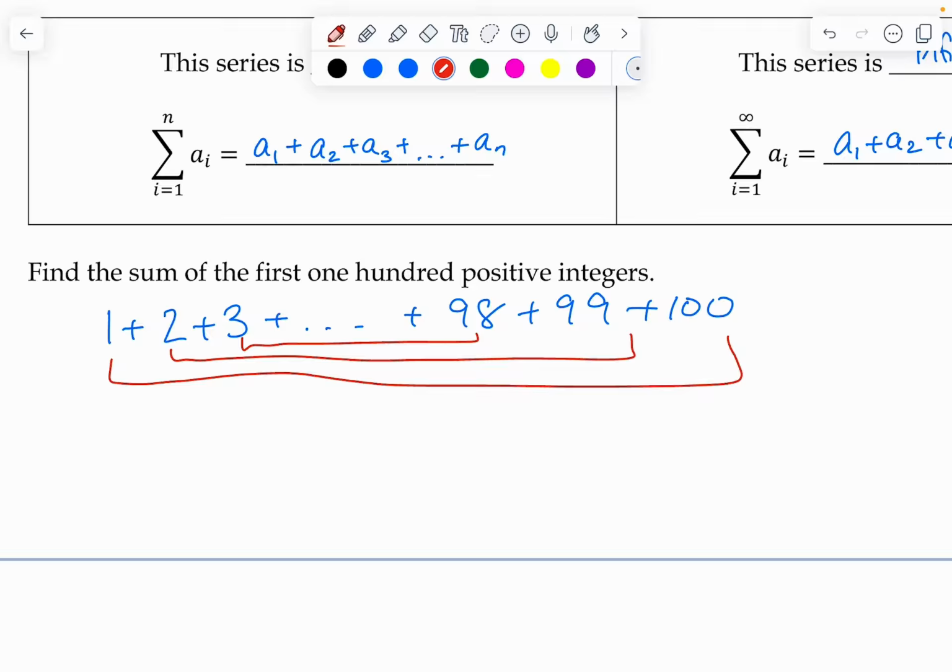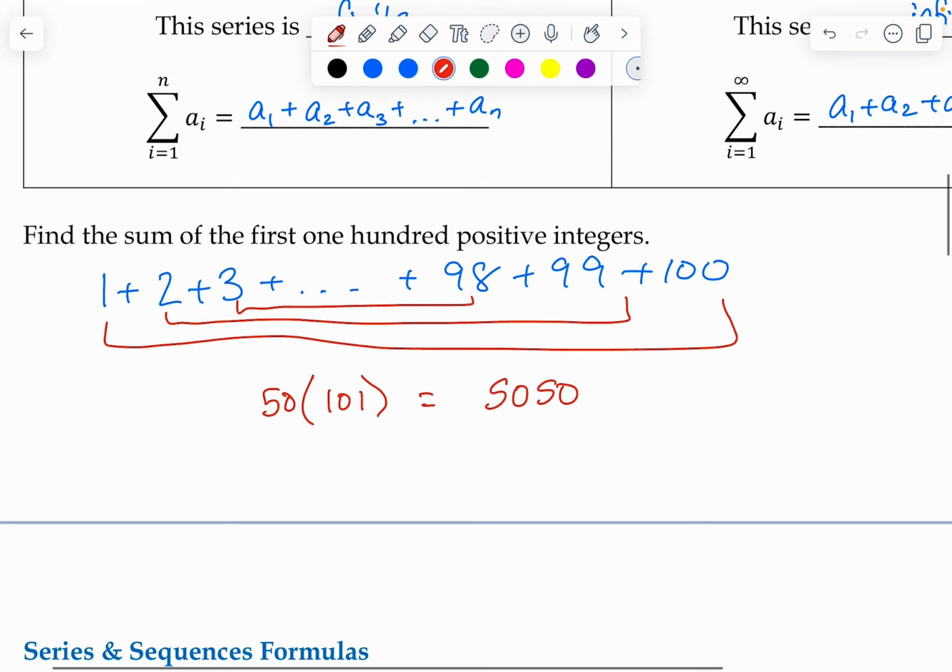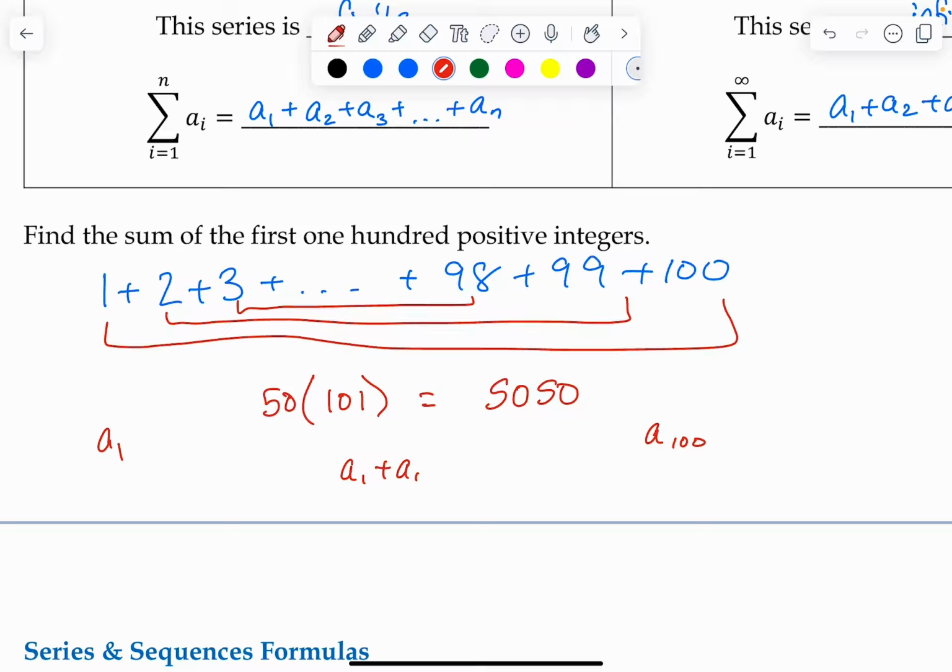And I could keep going and do these pairs, and I would have 50 pairs of 101. So this total ends up being 5050. This will also lead us to the formula for an arithmetic sequence. We took the first term and the 100th term and added those together: a sub 1 plus a sub 100.